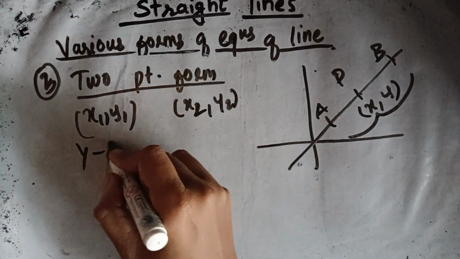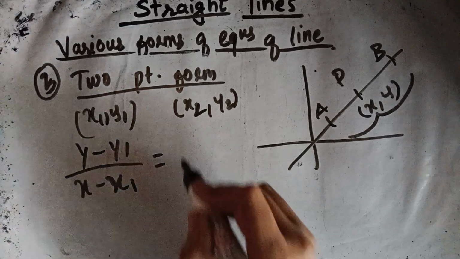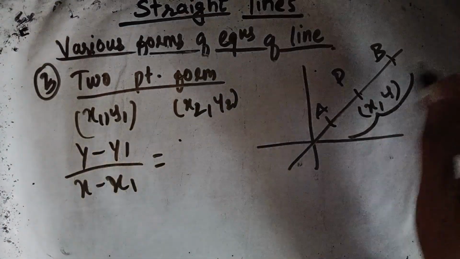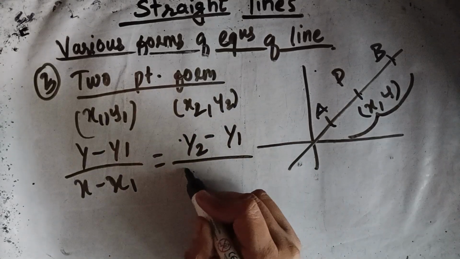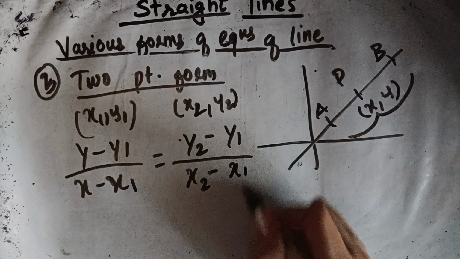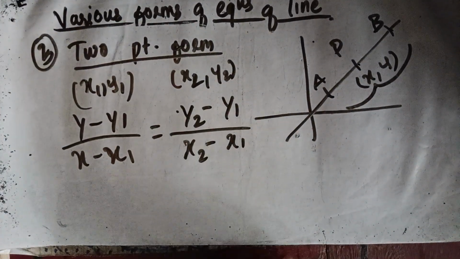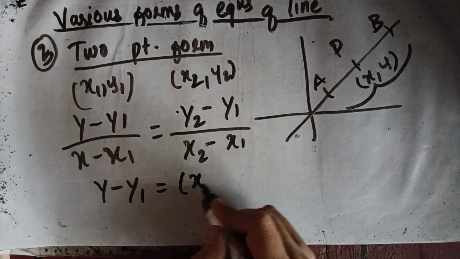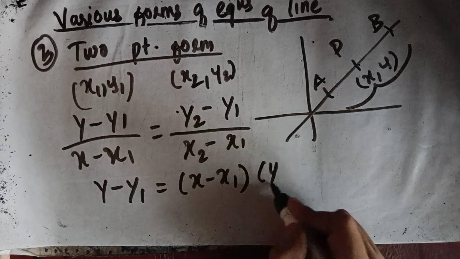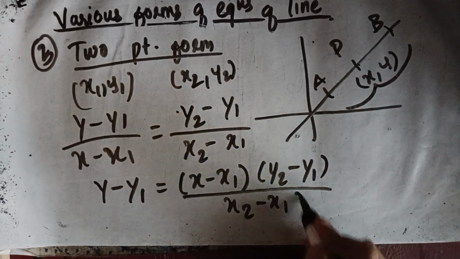So y minus y1 upon x minus x1 equal to y2 minus y1 upon x2 minus x1. Or you can write y minus y1 equal to x minus x1 into y2 minus y1 upon x2 minus x1.